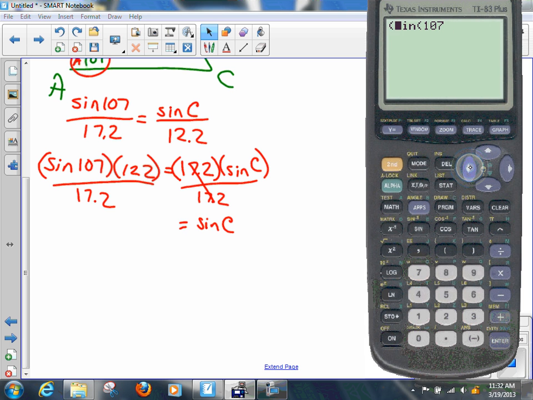Folks, you know you can put all this in one line, right? But you have to be a parentheses ninja to do it. Sine of 107 times 12.2, close that, close my numerator, divided by 17.2. Oh no, that ain't right.